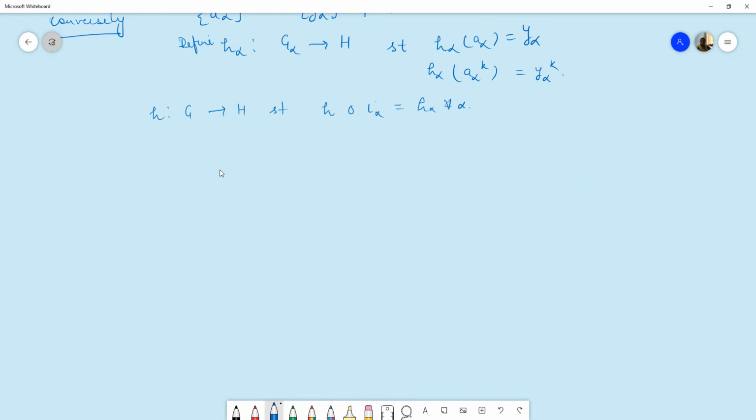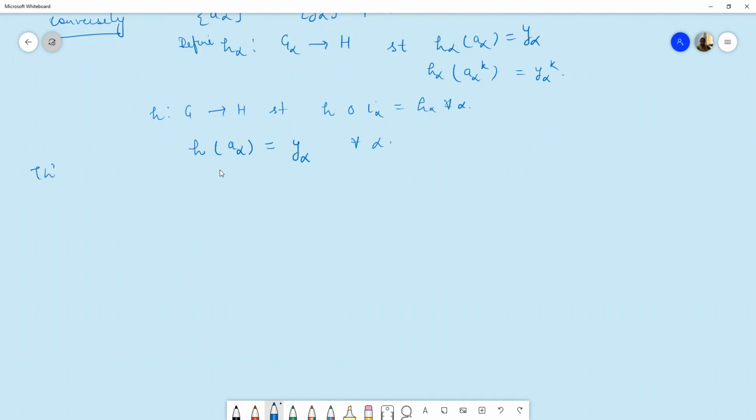So this means h of A alpha is equal to Y alpha. Now we apply h circle i alpha at element A alpha. Now i alpha of A alpha is an element of G alpha, so that will be just A alpha. So h at A alpha will be h alpha at A alpha, and h alpha at A alpha is Y alpha. So for every alpha, h of A alpha is Y alpha. It completes the proof of this lemma.